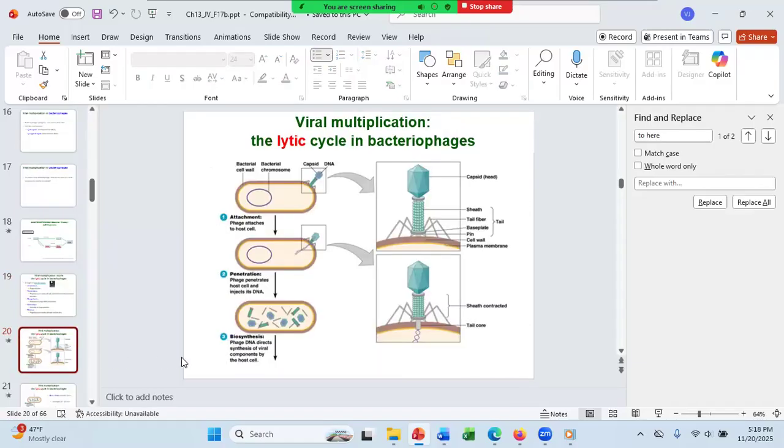So let's talk about it in a little bit more detail here. First, the virus has to attach to its host cell. Remember that viruses are specific for what host cells they can attach to, and it has to do with the ligands or adhesins on the virus that bind to the cell receptor molecules on the host cell.